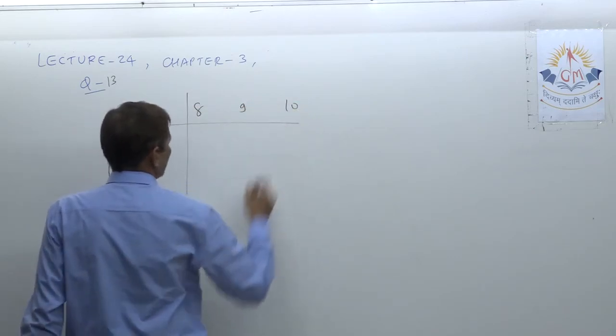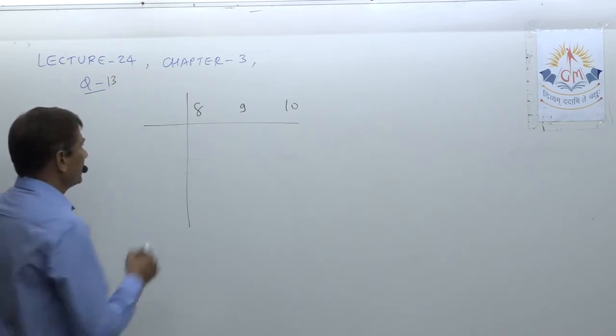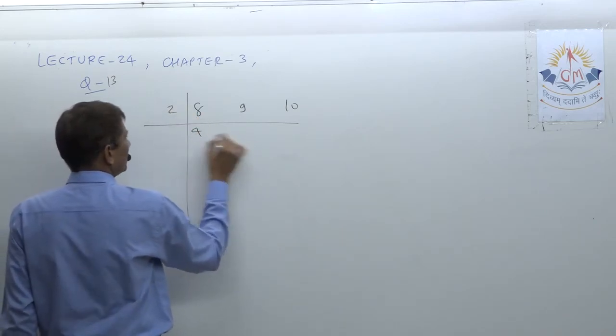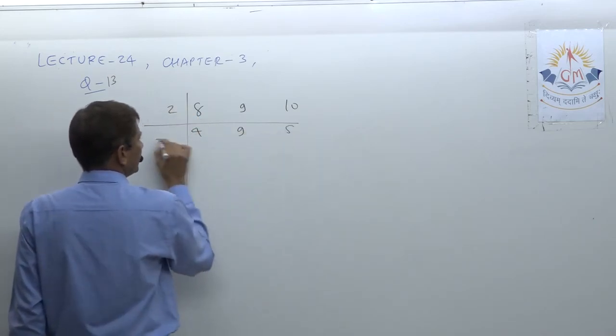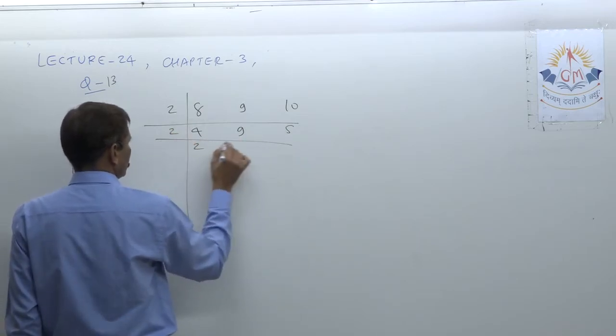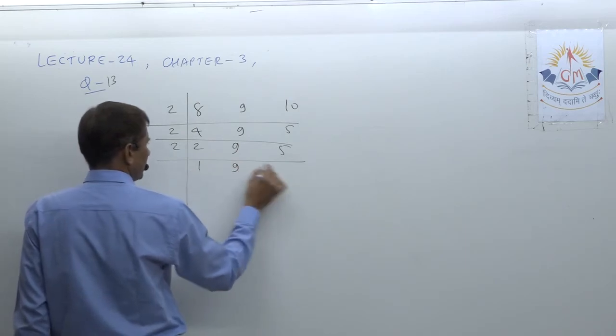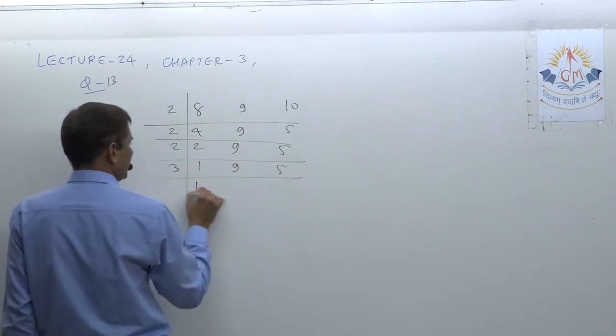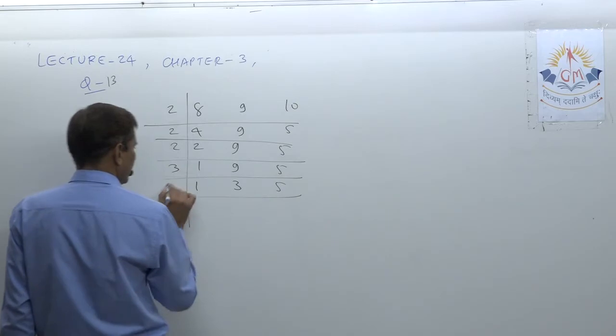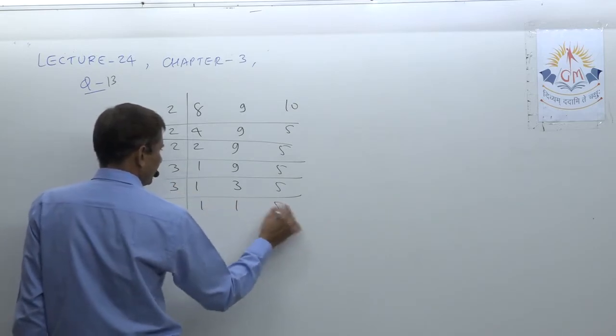Here also I follow prime factorization only. So by 2: 4, 9, 5. Again by 2: 2, 9, 5. Again by 2: 1, 9, 5. By 3: 1, 3, 5. Again by 3: 1, 1, 5.